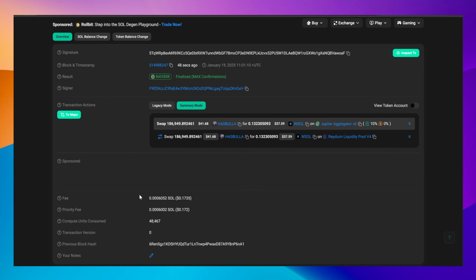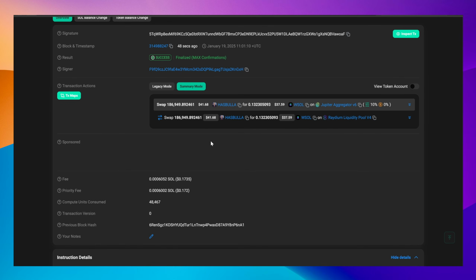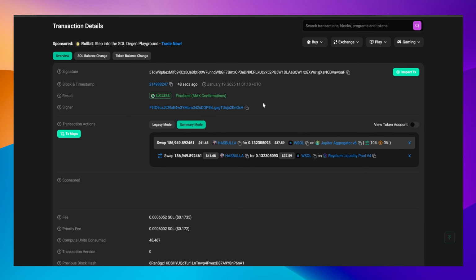And we finally have the fees, which doesn't tell me too much, but you have it in here if you want to check it. As you can see, it's pretty easy to interpret and understand a transaction in Solscan.